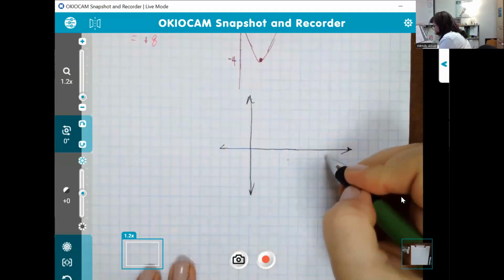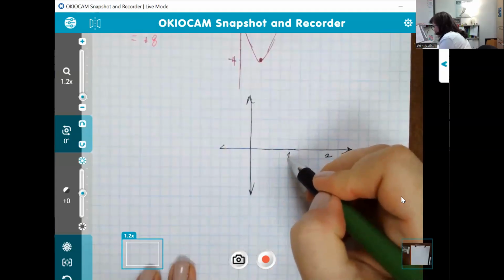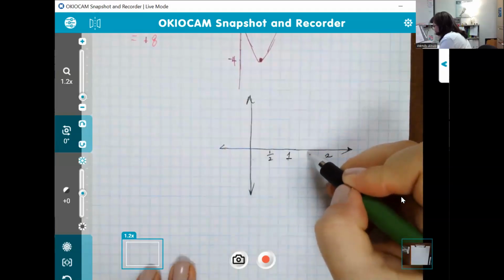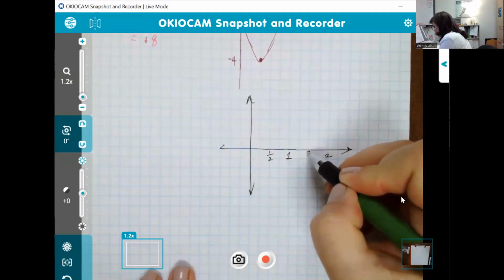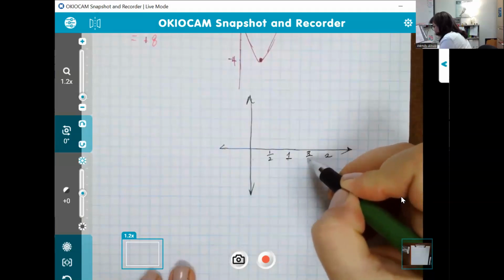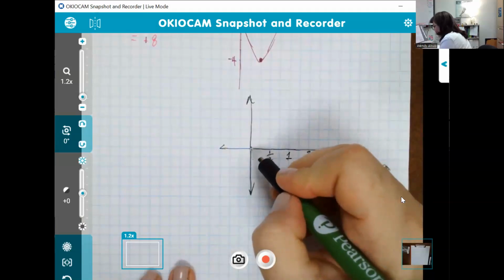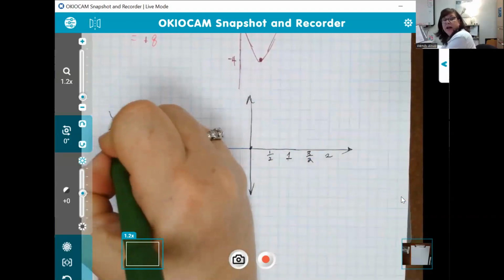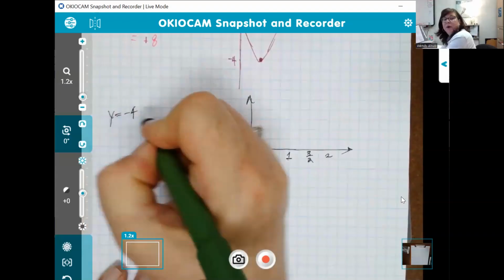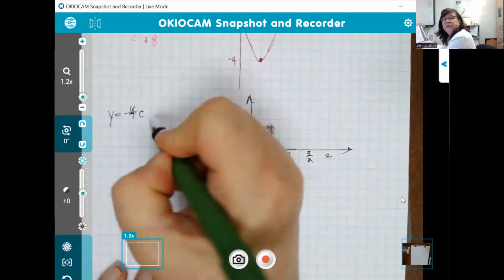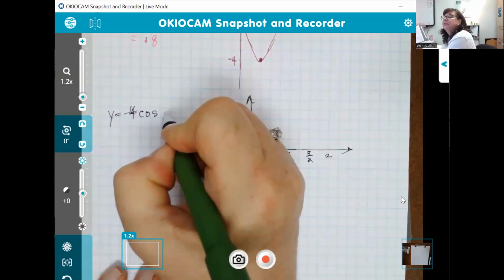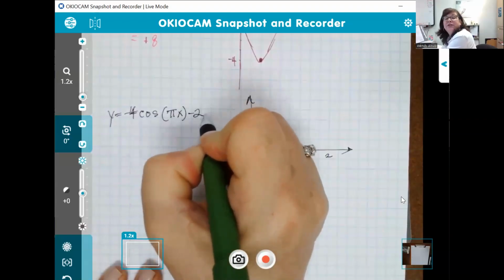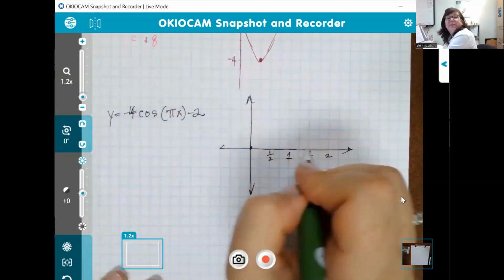I'll make my 2 here, and then that would make this 1, this 1/2, and this 1.5, which is 3/2. And we were doing cosine this time. This was y equals -4 cosine pi over x, and it was -2. That's how we got the period of 2.